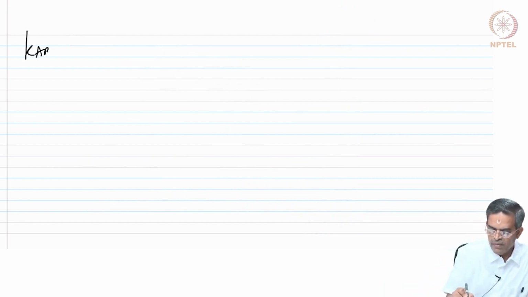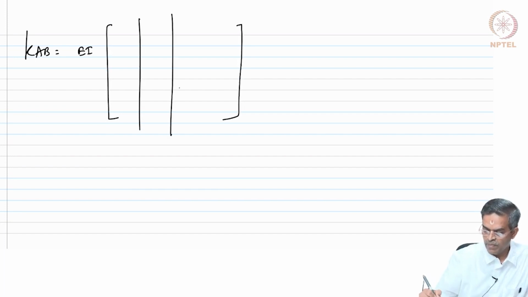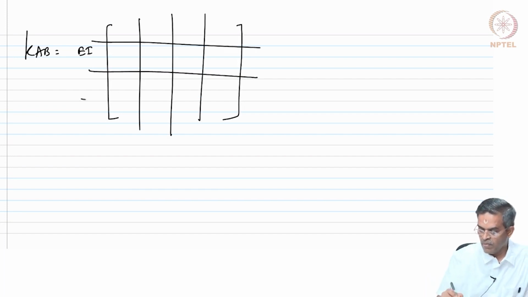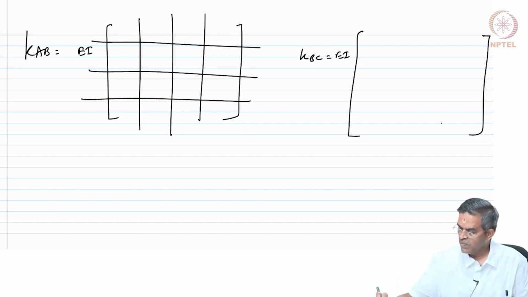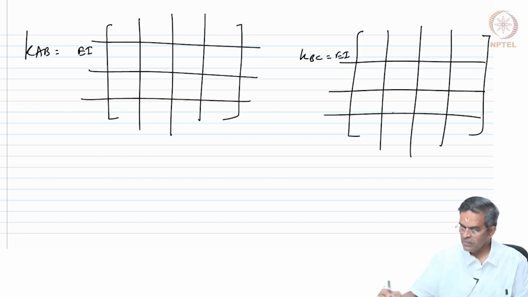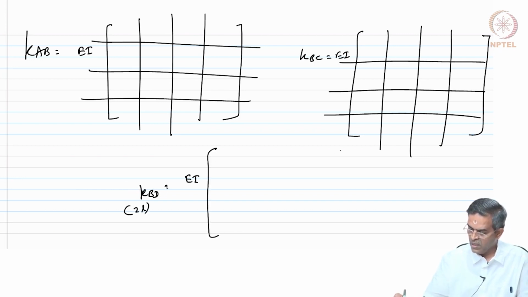So, KAB is EI times of, similarly KBC is EI times of, similarly KBD is EI times of. Remember, this is of length 2L, so be careful about the length.